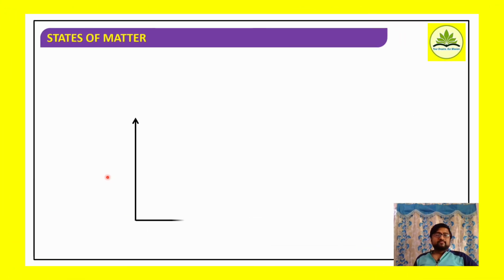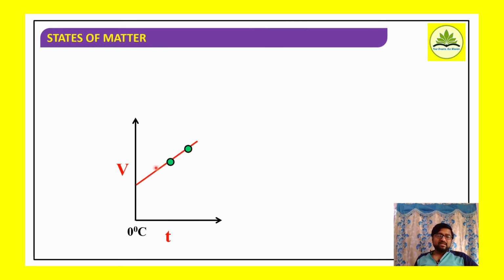Now consider one more analogy here. When you plot a graph of volume versus temperature, say we consider 0 degrees as the initial point, the origin. At high temperature, the corresponding volume indicates a point, and when the temperature falls, the volume goes on decreasing. Now it is not necessary that 0 degrees Celsius is the origin.